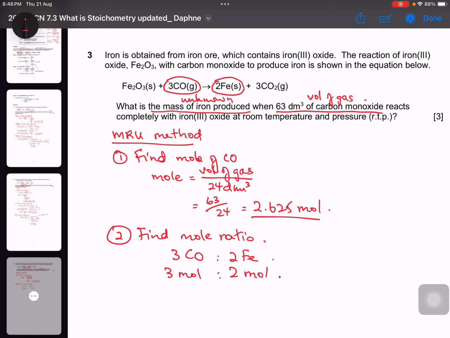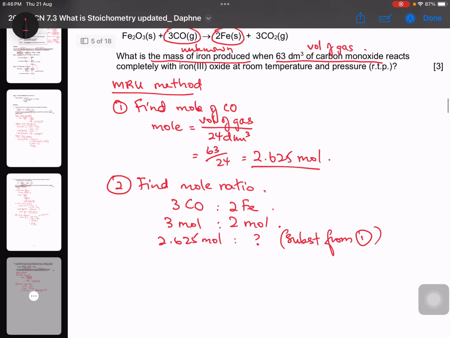Now substitute from 1. So from 1, what was the number of moles that we calculated? So from 1, the CO is actually 2.625. Then how much is the iron?